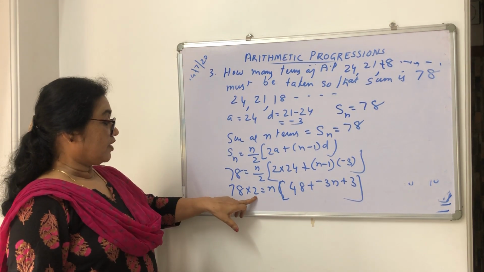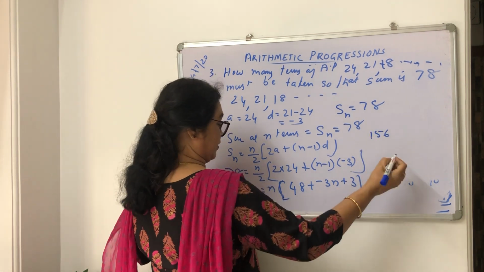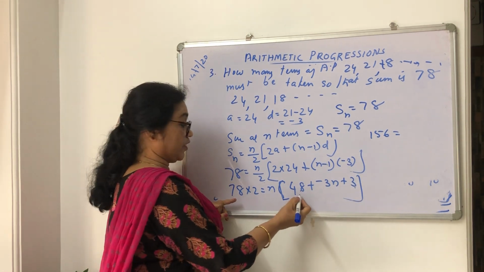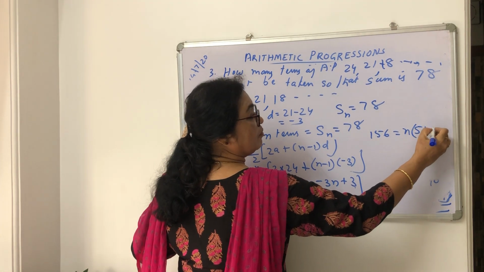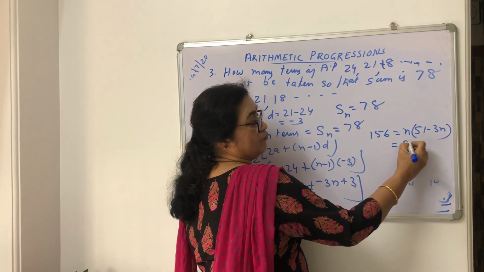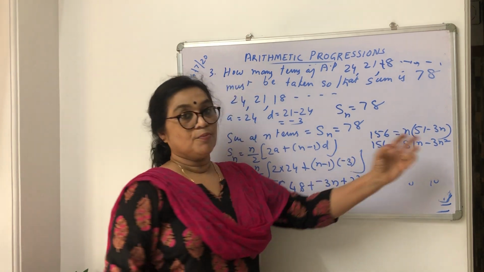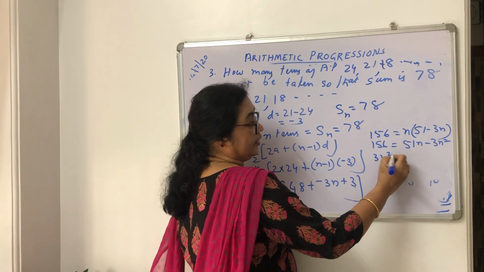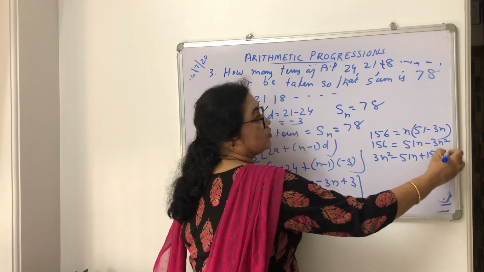So 156 equals n into 48 plus 3, which is 51, minus 3n. Opening the bracket, 51n minus 3n squared is 156. Bringing all terms to this side, it is 3n squared minus 51n plus 156 is 0.